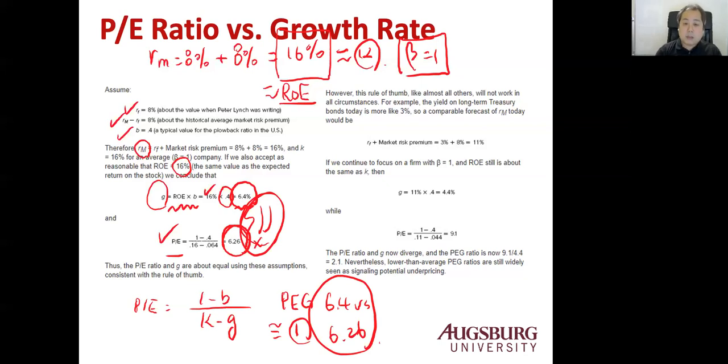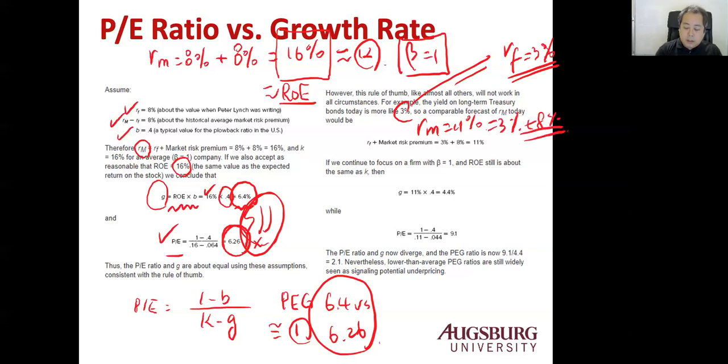However, the next part, like almost all others, will obviously not work in all circumstances, right? If the long-term treasury bond is about 3%, let's say the risk-free rate is not 8%, it's 3%. It's even lower for many years. And RM equals 11%, because it's 3% plus 8% now.